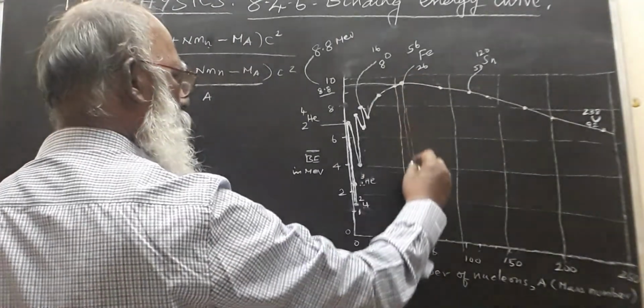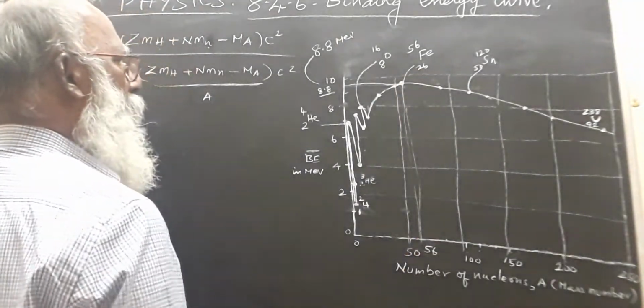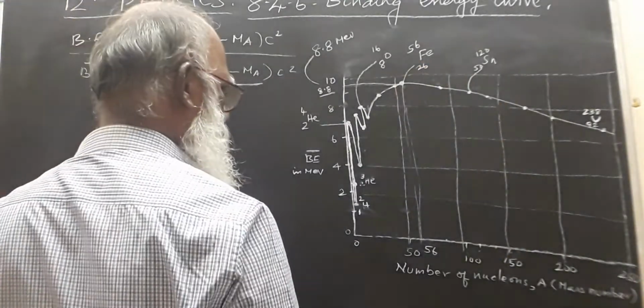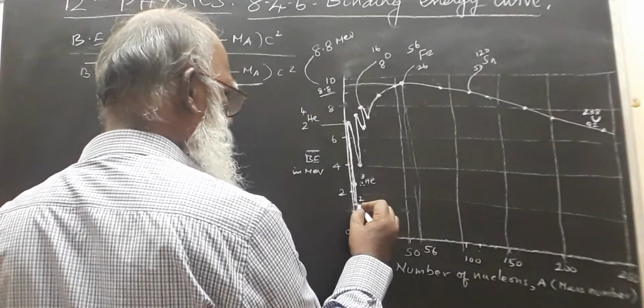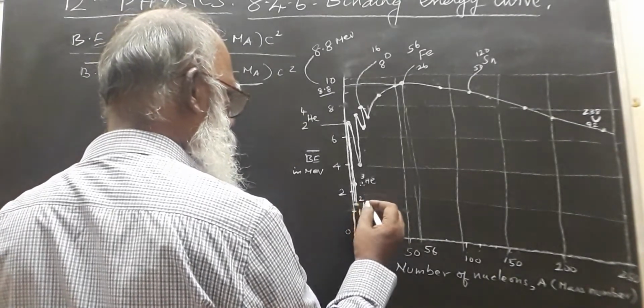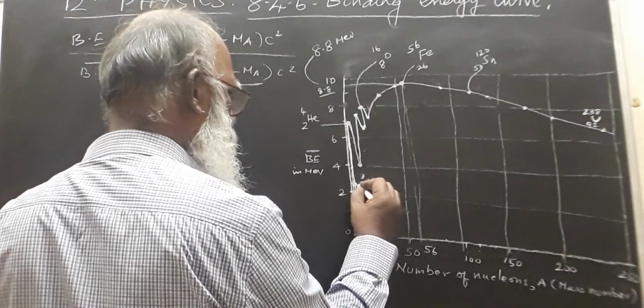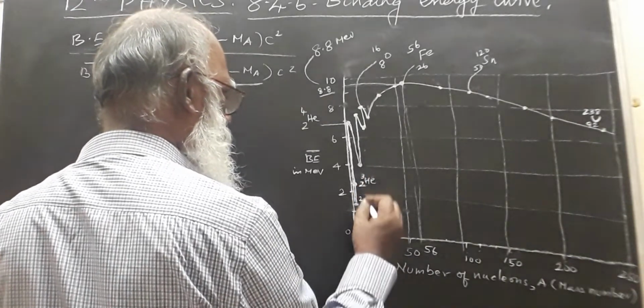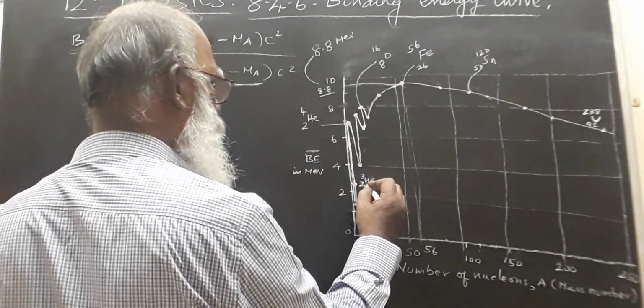This is the state we have to explain next. We start from 1H1, 1H2, then 2He3. These are isotopes of hydrogen and helium.